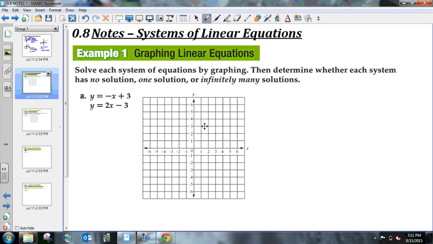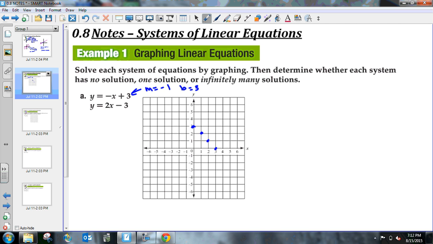So what I'm going to do is come up here, and I'm going to start at 3. So if I have this equation here, y equals negative x plus 3, I know my slope is equal to negative 1, and my y-intercept is equal to 3. Okay, so I'm going to come up here to 3, and I have a slope of negative 1, so I'm going to go down 1, to the right 1, down 1, to the right 1, down 1, to the right 1.